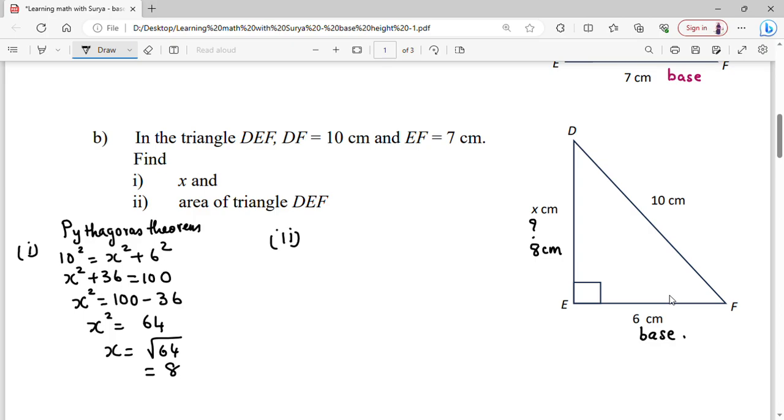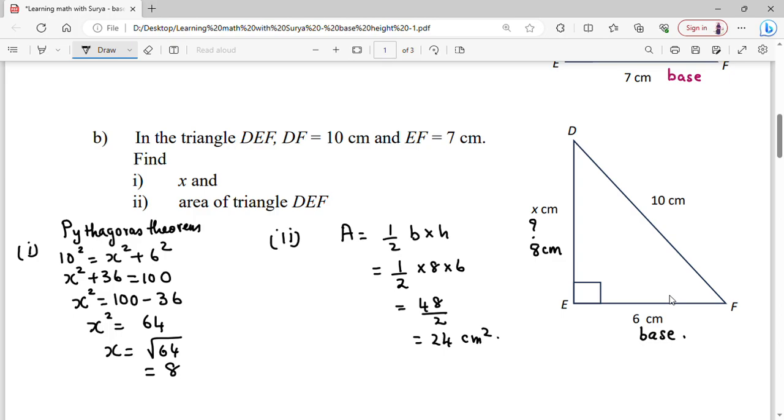the second one. What is the area of triangle? So just write down the formula. Area is equal to half base times height, which would be half times 8 times 6, which is 48 by 2, or it is 24 cm squared.